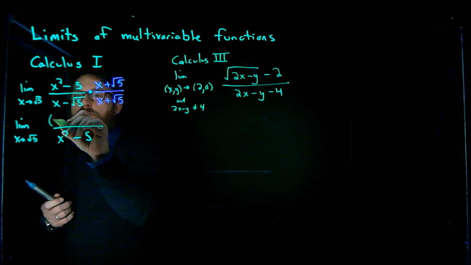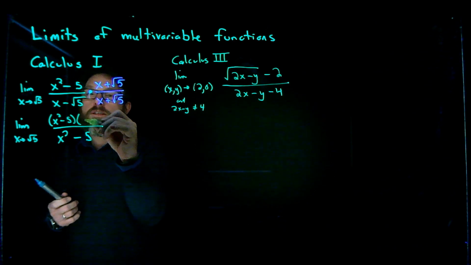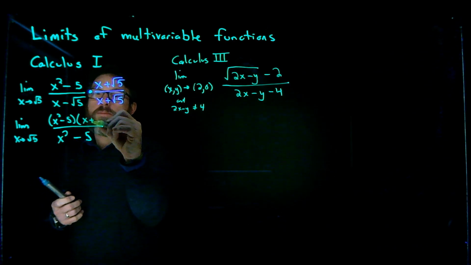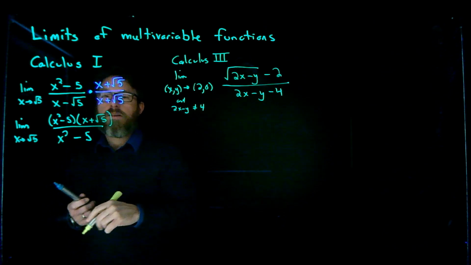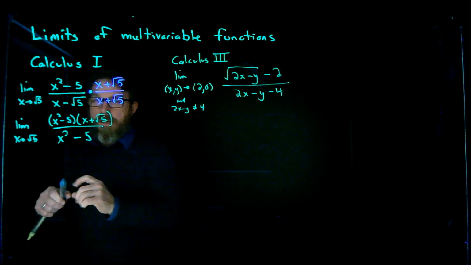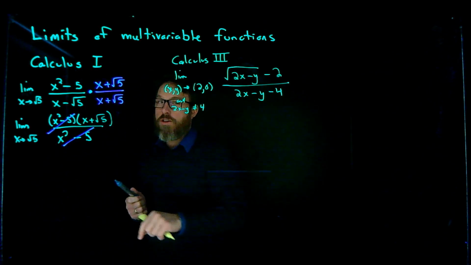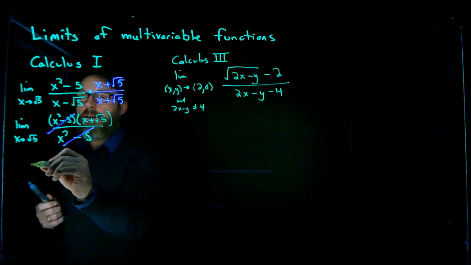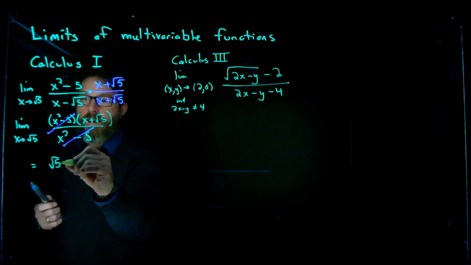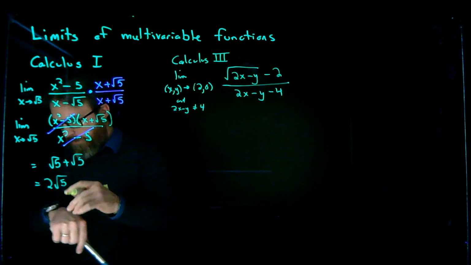So things that are not conjugates, we just leave them in this factored form for multiplication. Now what we can see is that this x squared minus 5 cancels, and this function now is defined at root 5, so I can plug in root 5. So root 5 plus root 5 is going to be equal to 2 root 5.